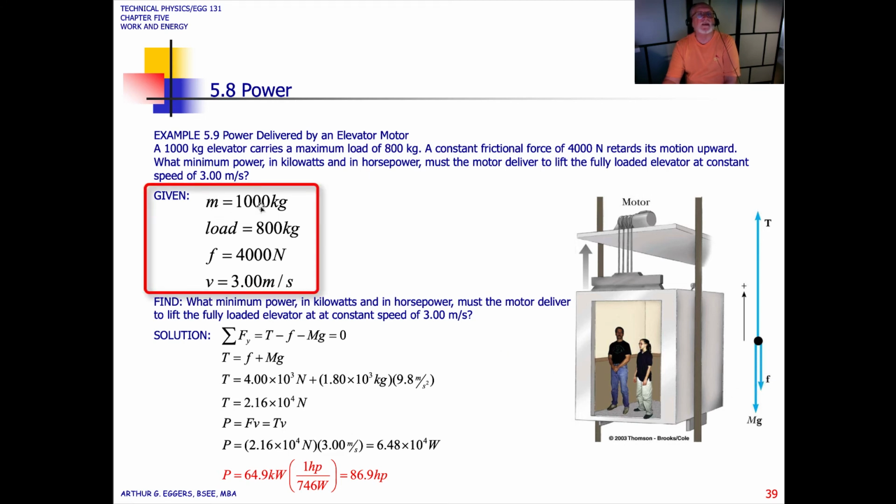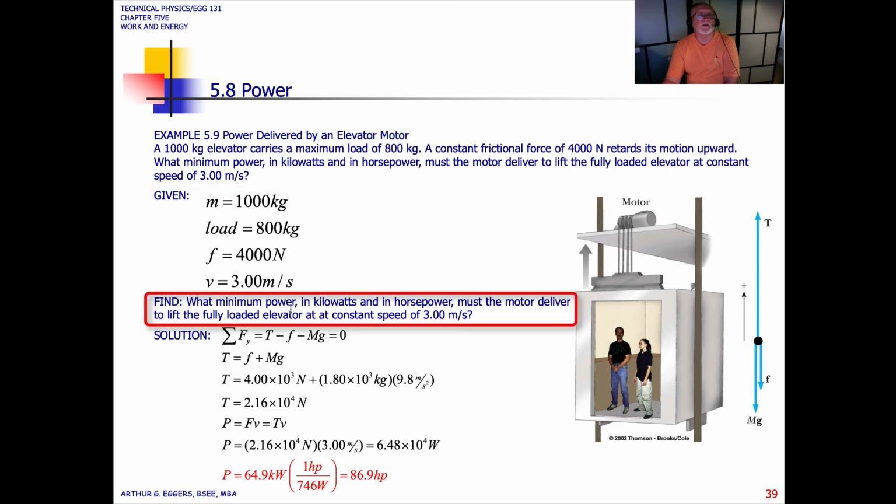So the mass is equal to 1,000 kilograms, the load is 800 kilograms, the frictional force is 4,000 newtons, and the velocity is 3 meters per second. So what maximum power in kilowatts and horsepower must the motor deliver to lift the fully loaded elevator at a constant speed of 3 meters per second?